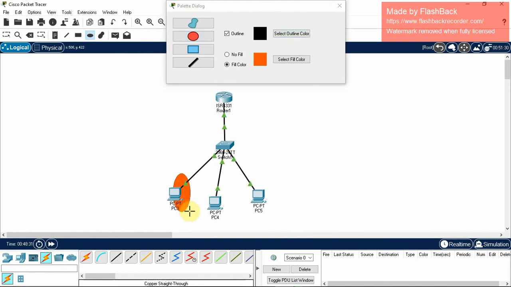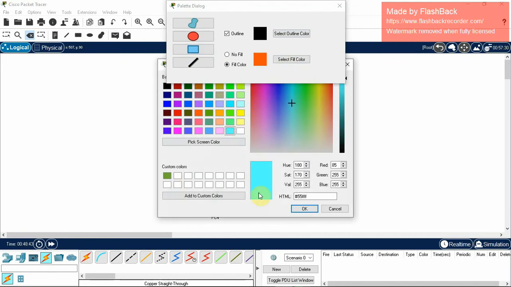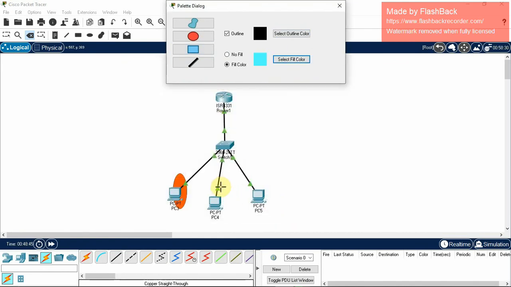This one is going to be another VLAN, and another VLAN.